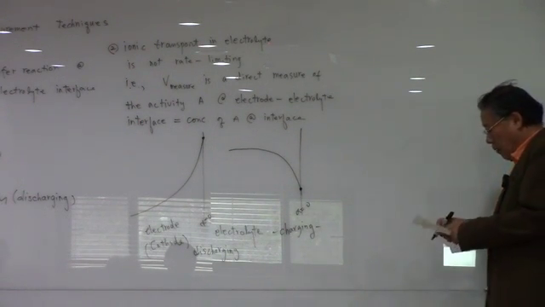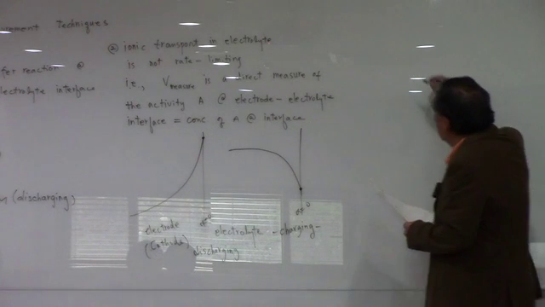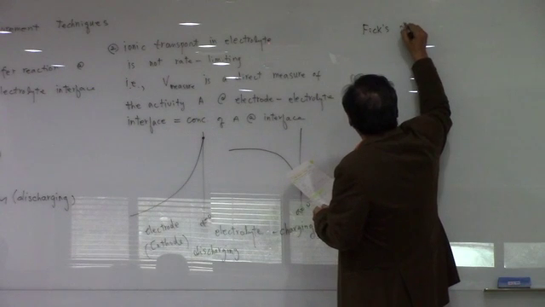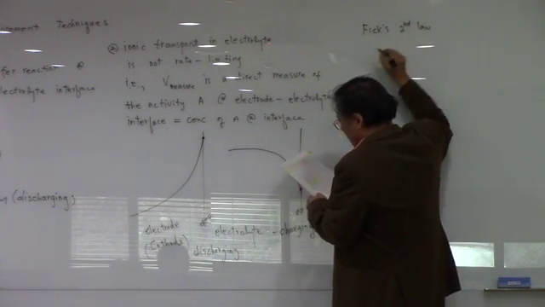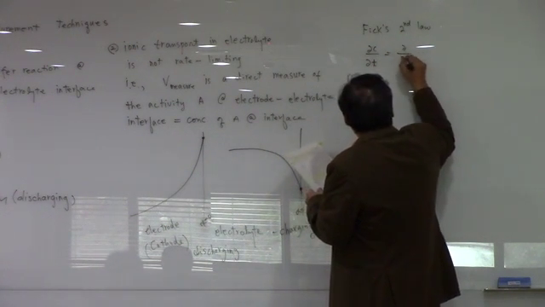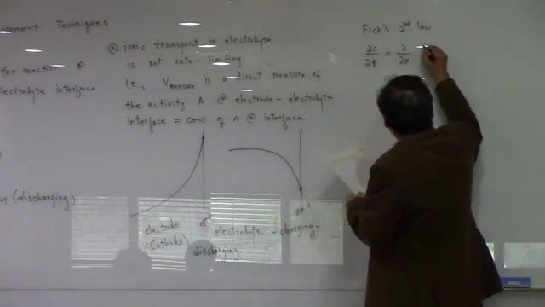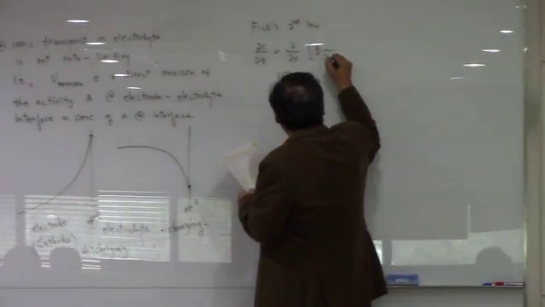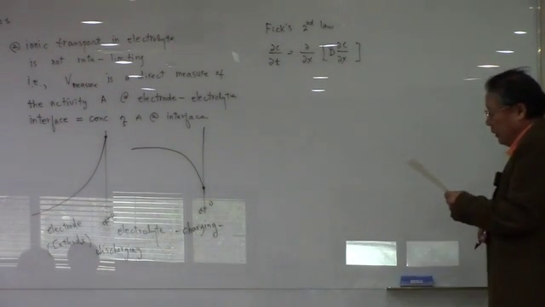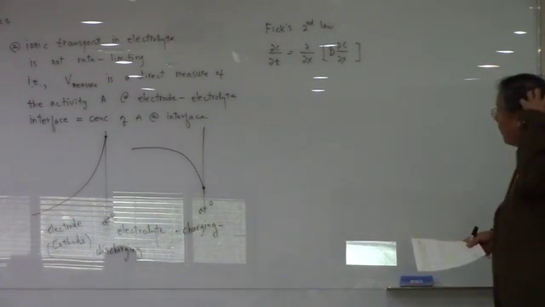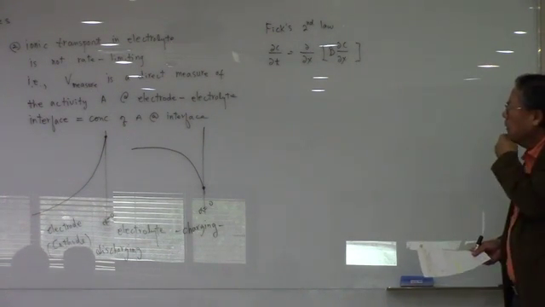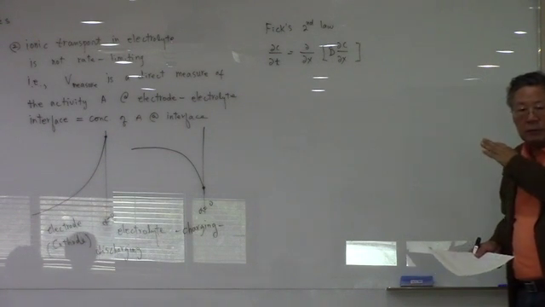Now, what we are going to do is solve Fick's second law, where the concentration gradient is now going to be partial x. That is Fick's second law, right? And with the proper boundary conditions for each technique, we want to solve this problem.